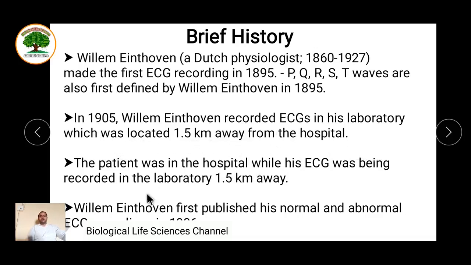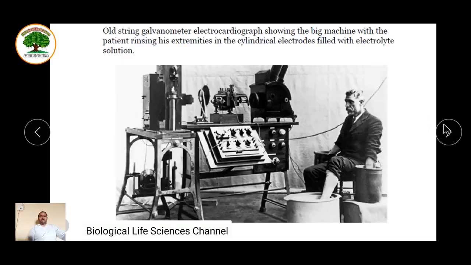He first published his recordings in a journal. This is the photograph of the first ECG machine that he made. You can see here an old string galvanometer electrograph, a big machine, with the patient placing his extremities in cylindrical electrodes.